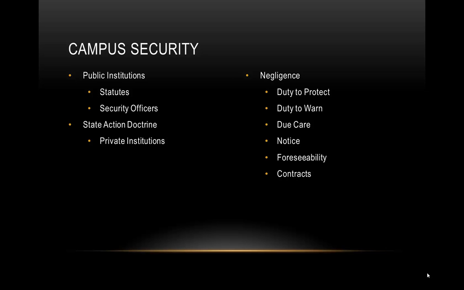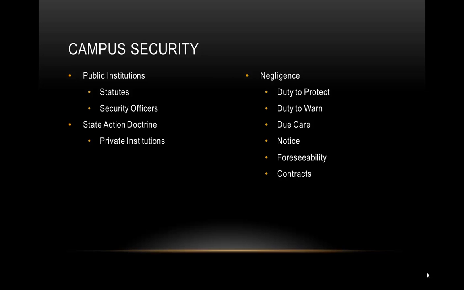In terms of notice, being able to provide notice of a situation is very similar to duty to warn. And foreseeability: if a reasonable person can foresee some sort of dangerous situation and the institution doesn't take action to correct that situation, they can be held negligent. So an example of that is when I talked in class about the hill at the University of Tennessee and there wasn't a fence.